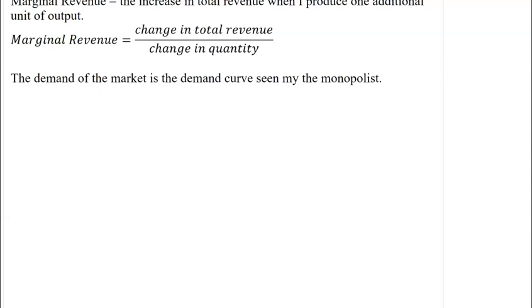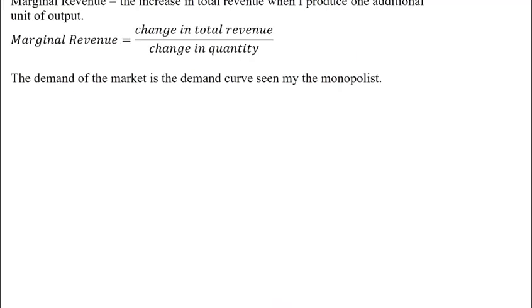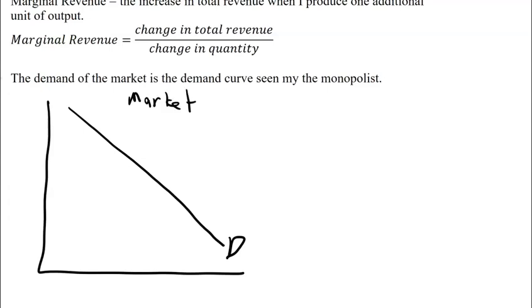So in our case, this is the market's demand curve. Since the monopolist is the only seller in the market, this is the demand curve that the monopolist also looks at. Now, in this case, the demand curve is downward sloping.